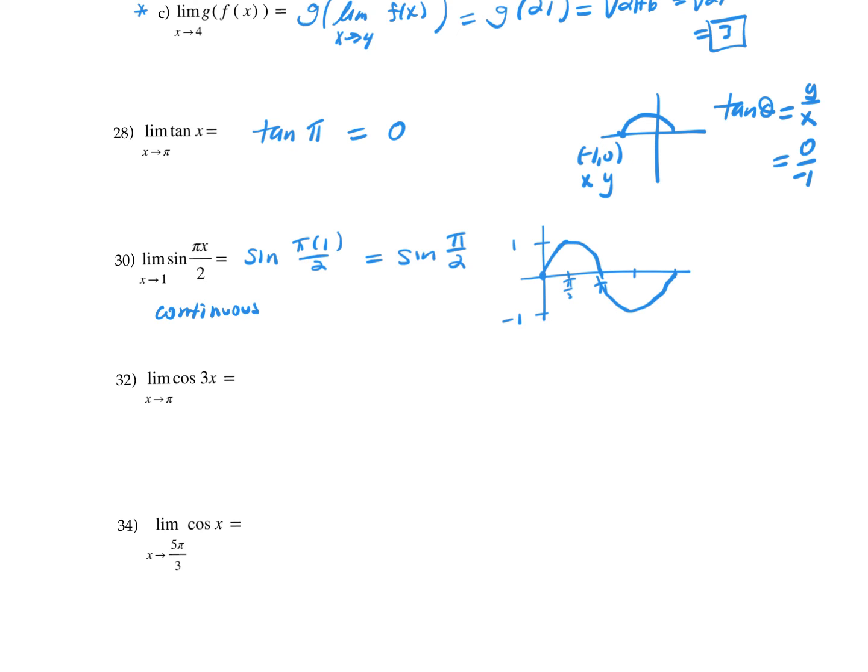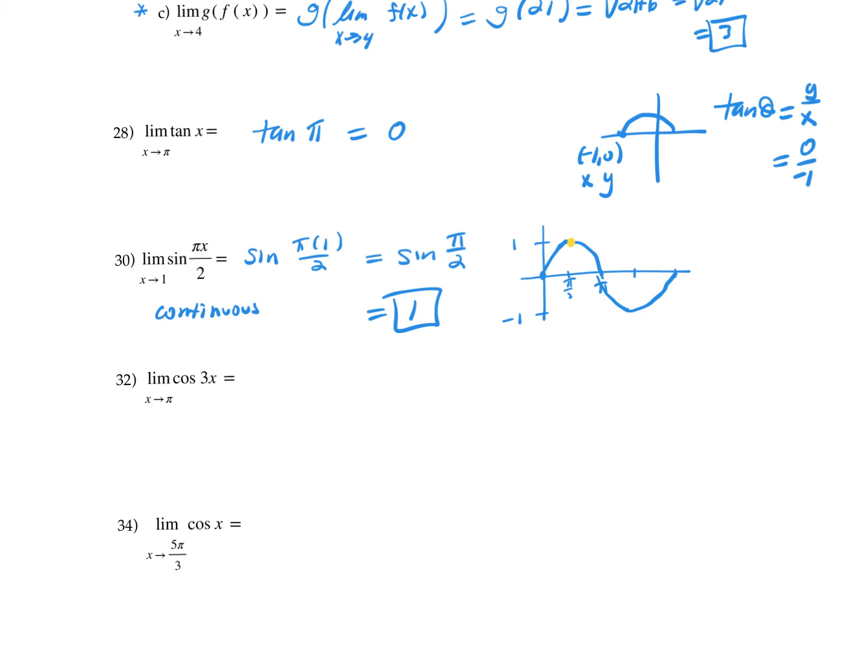So if we take a look at pi over 2, we're at that point right there, and the limit from the left and from the right is +1. So the limit as x approaches 1 for the sine of pi x over 2 will just be equal to 1. So it's an exact value 1.